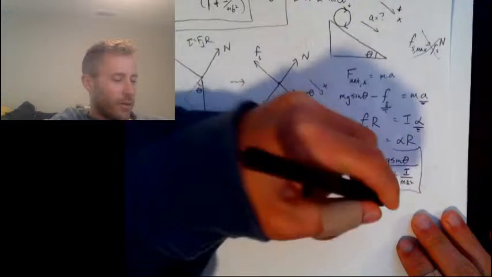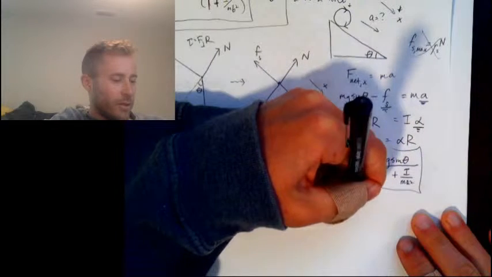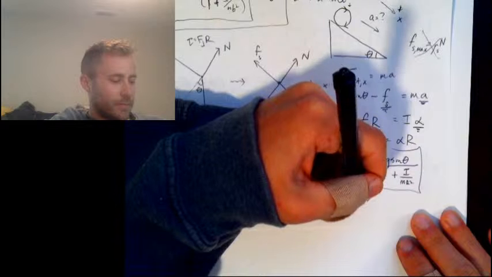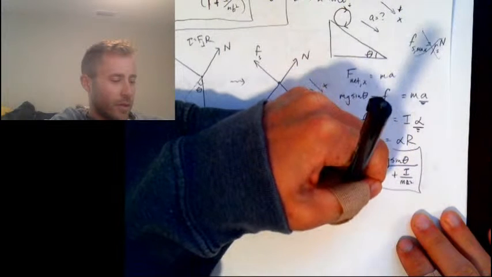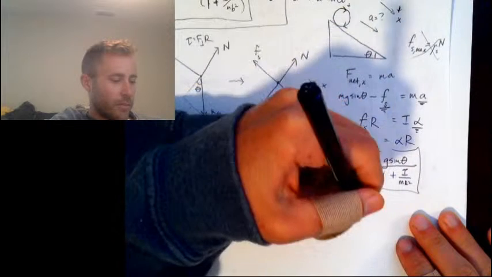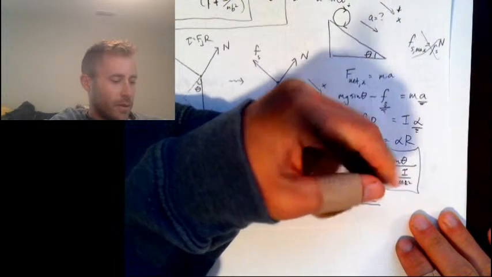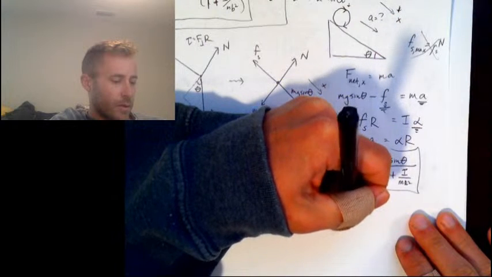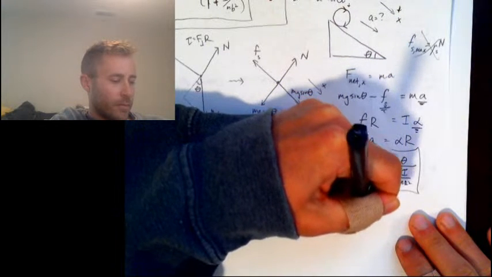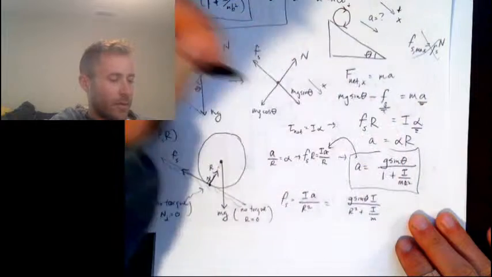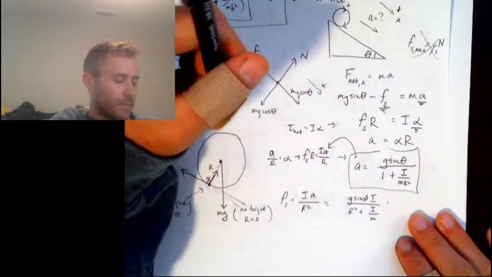And I get g sine theta times I over r squared plus I over m.